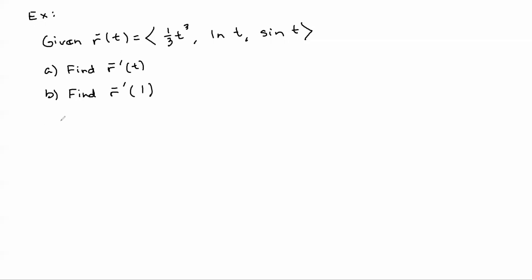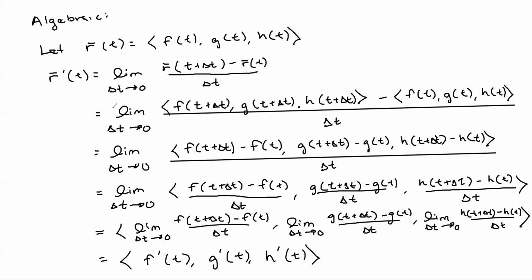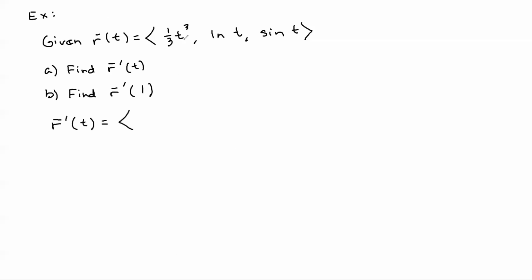Okay, so step one, we need to find r prime of t. And what was our previous result? Our previous result just said if we wanted to find r prime of t, just take the derivative of each of the components. It's that simple. Okay, so the derivative of 1/3 t cubed, we bring the 3 out front, subtract 1 from the exponent, and you end up with t squared.